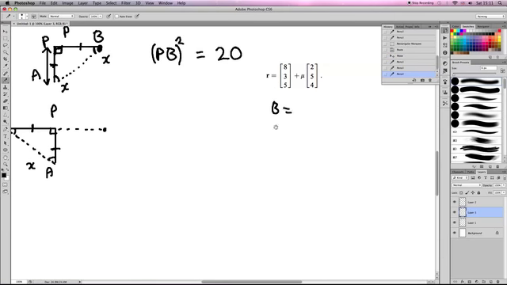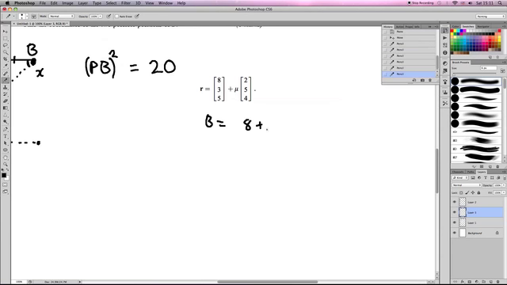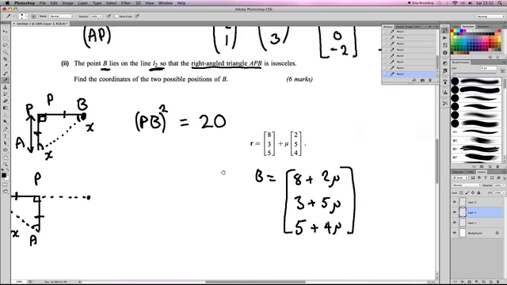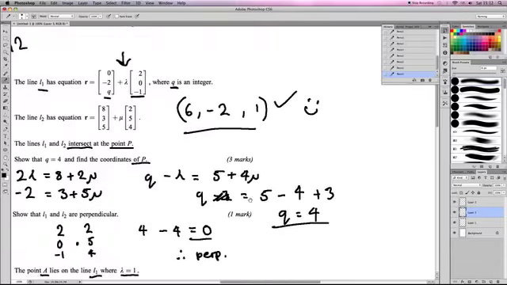So the coordinates for B are 8 plus 2 mu, 3 plus 5 mu, and 5 plus 4 mu. So that's my coordinates for B. What I also know is the coordinates for P. Where's that?